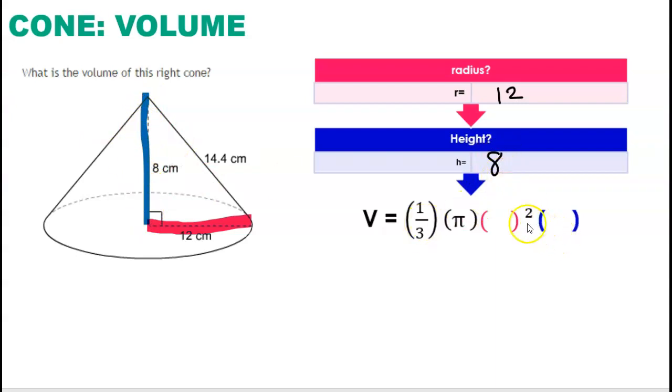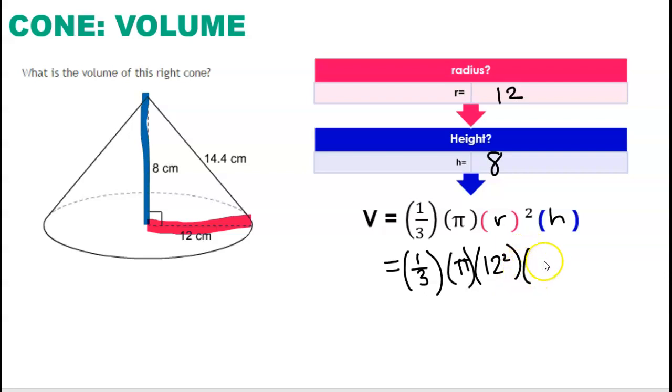So now we're just plugging those into our formula. It goes 1/3 times pi times radius squared times our height. So let's plug in our pieces. We got 1/3 times pi times radius, which is 12. So it's going to be 12 squared times the height, which is 8.